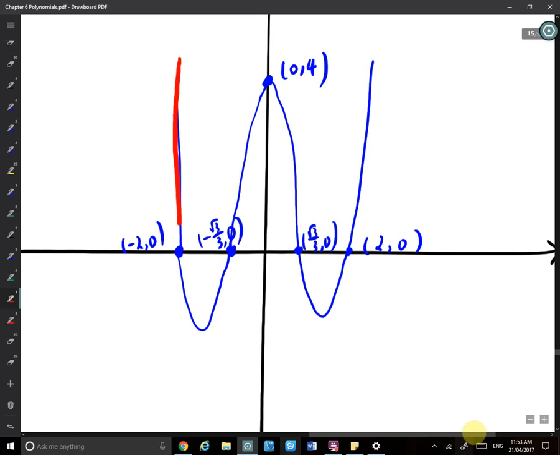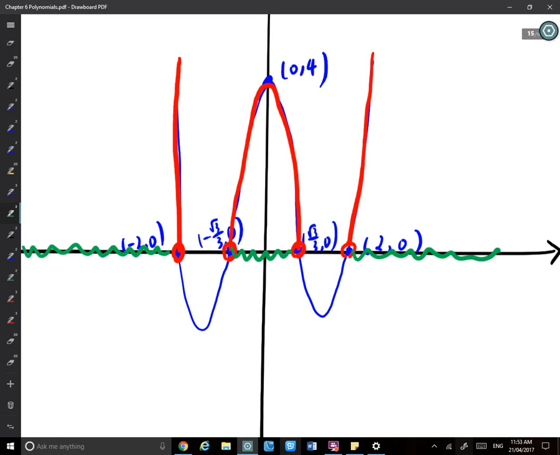Greater is here, not including that point, and here, not including those 2 points, and here, not including that point. So what are the corresponding x values? The values here, here, and here. You can see the red graph corresponds to those green bits.